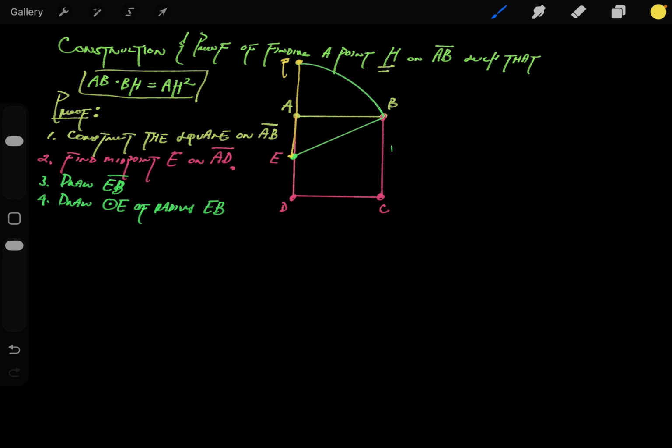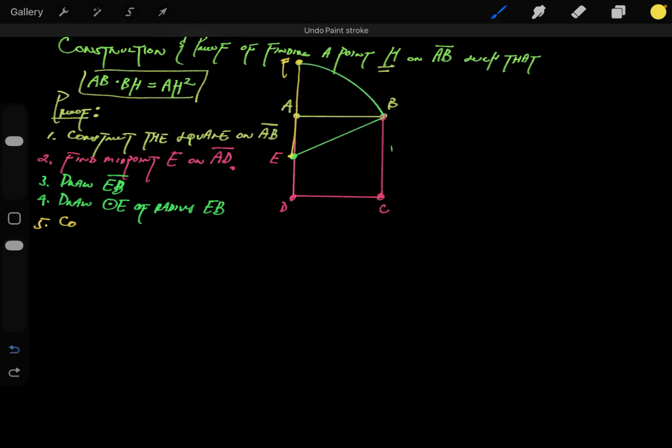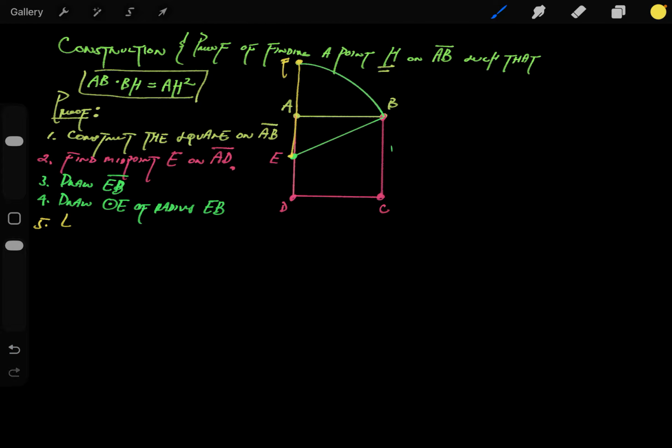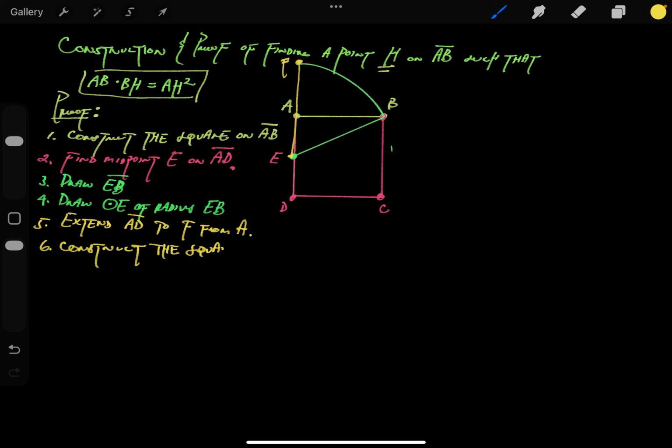And then what we do is construct the, oh, wait, I skipped a step. So now I have to extend AD to F from A. And then the last step is to construct the square on AF.